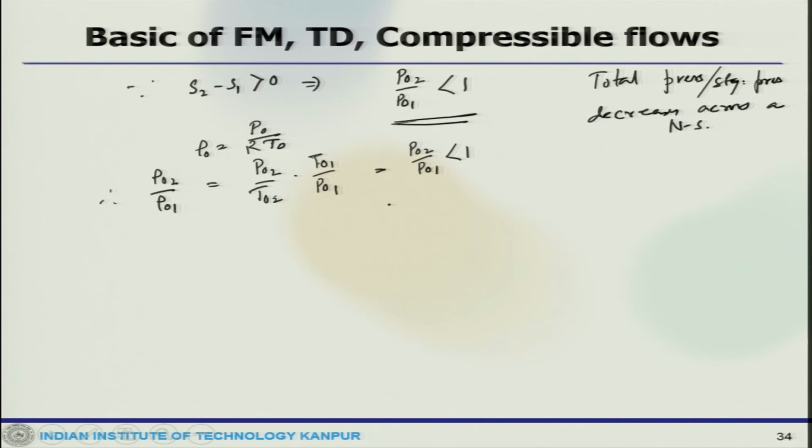That means the stagnation density is also less than rho naught 1.